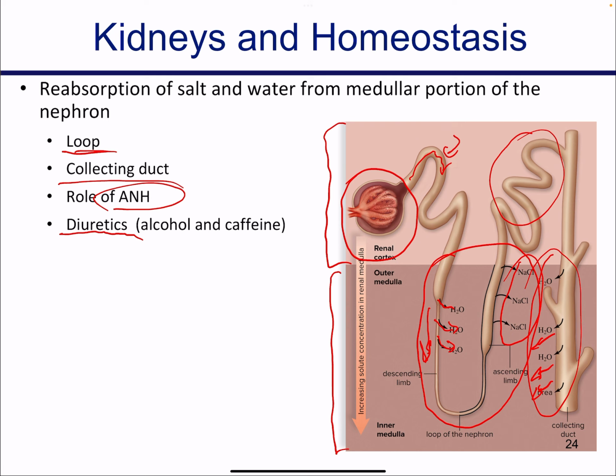Actually, no, correct this. The antidiuretic hormone is going to play a role in the reabsorption of water, while the ANH is going to play a role in the excretion of water. There we go, in the excretion of water.